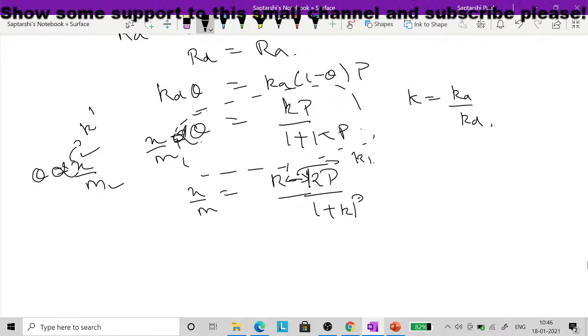Now if we do some manipulation over here and there, what we'll get is P by (x by m) equals 1 by k1 plus P by (k1 by k).